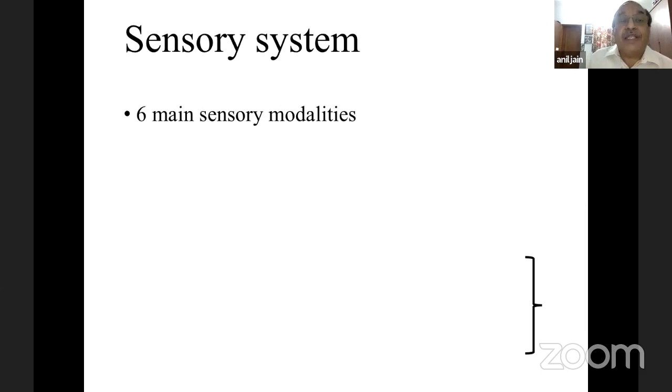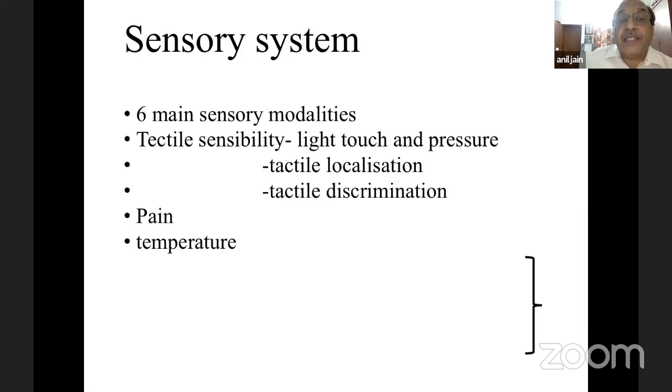Now coming to the sensory system. There are 6 main sensory modalities. Tactile modality sensibilities are light touch and pressure, tactile localization, and tactile discrimination. So the presence of feel, touch, is appreciated, and touching at 2 different points, tactile discrimination, is appreciated.